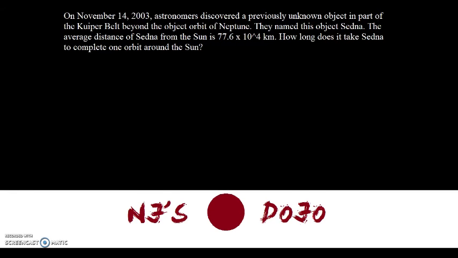So we can relate the orbit of Sedna to the known orbit of the Earth using Kepler's third law, which was T squared, which we will take from the Earth's period, over A cubed of the Earth. Remember, A here signifies the radius of the orbit.